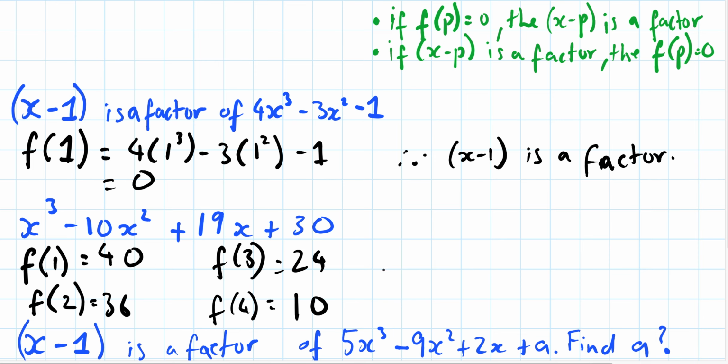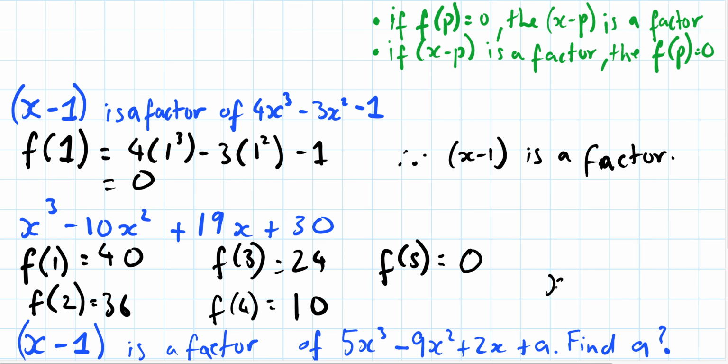And let's try f(5). That will give me 125 minus 250, add 95, add 30, and that equals 0.